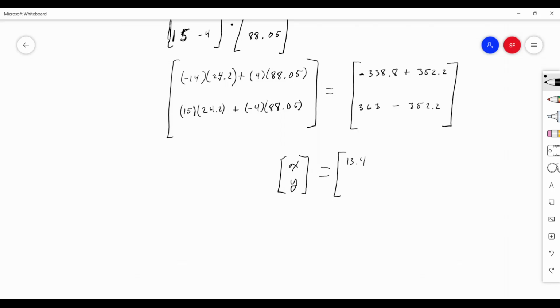And then 363 minus 352.2 is 10.8. It'd be 10.8, and put the point in there.